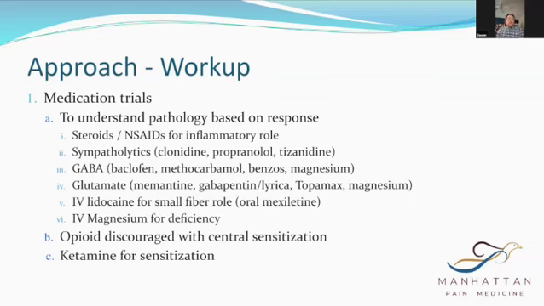So if we think about steroids or anti-inflammatories, certain kinds of pain don't respond to anti-inflammatories. Sympathetic nervous system sensitization doesn't respond to NSAIDs. Hypermobility pain by itself generally doesn't respond to steroids or NSAIDs, right?